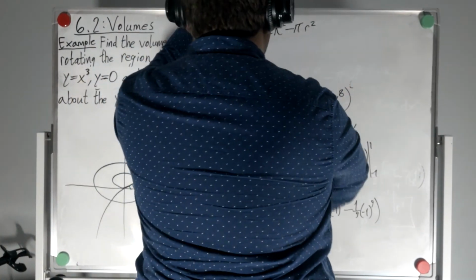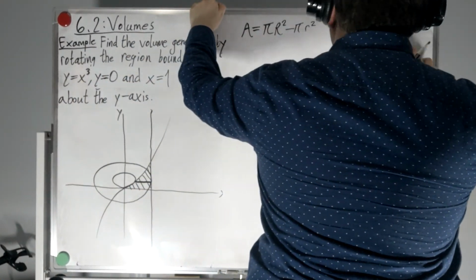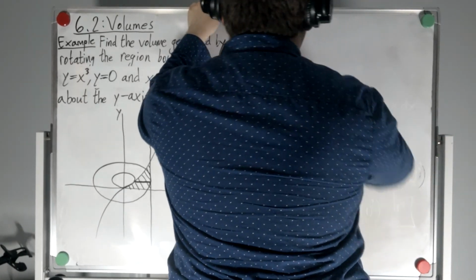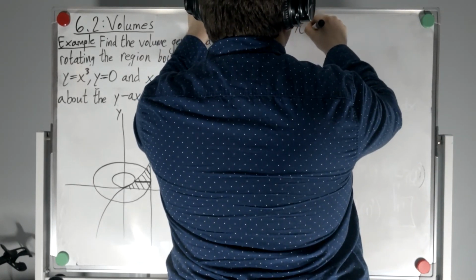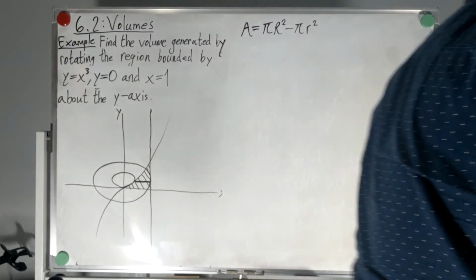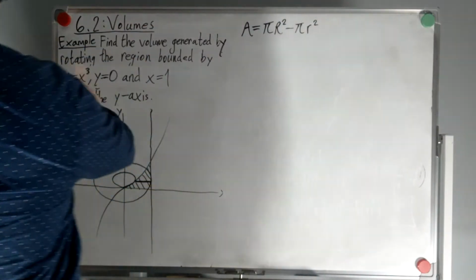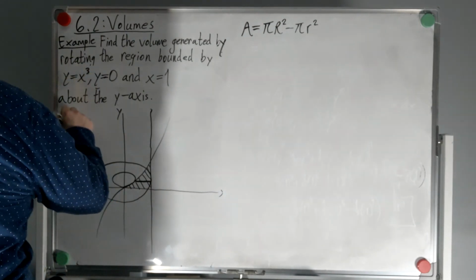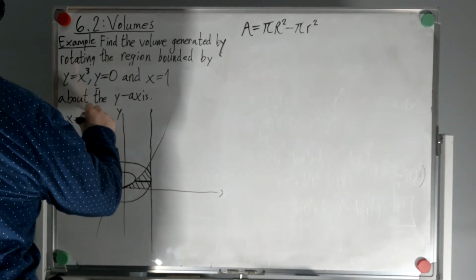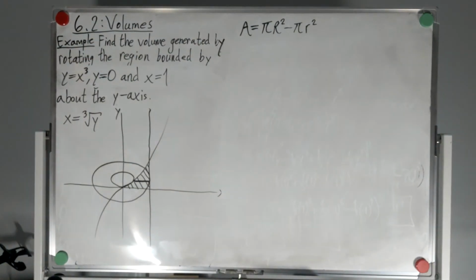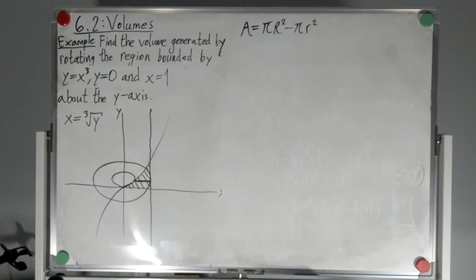And so once again, our task is to find the inner and outer radii. In order to do that, we should write y equals x cubed as x equals the cube root of y, because everything is going to have to be in terms of y if we're going to integrate with respect to y.